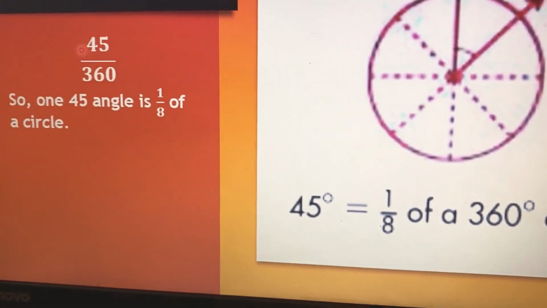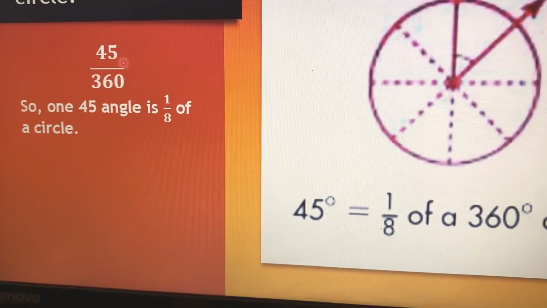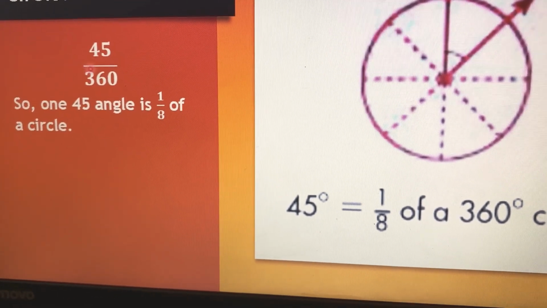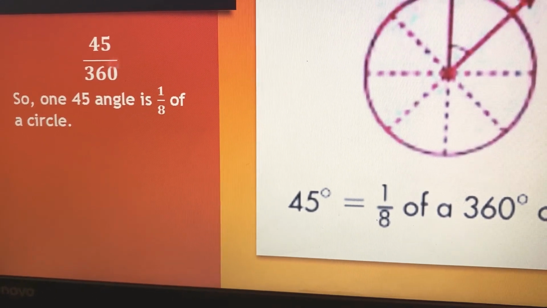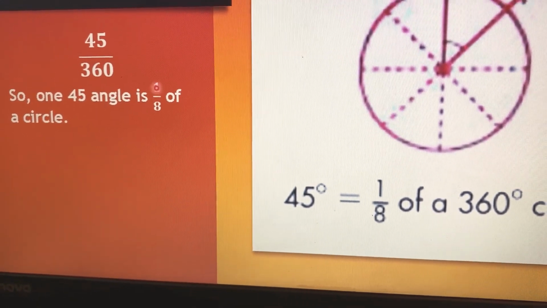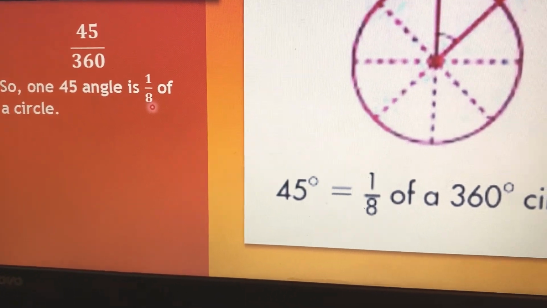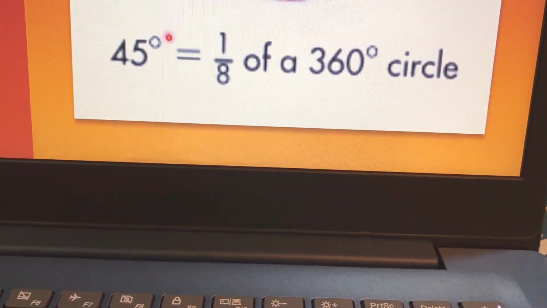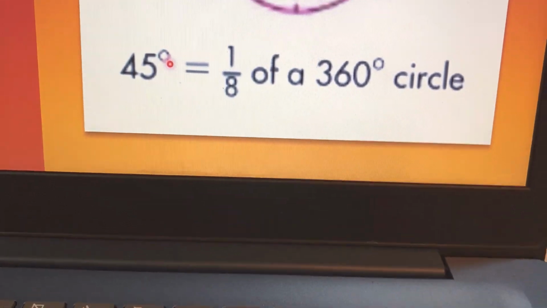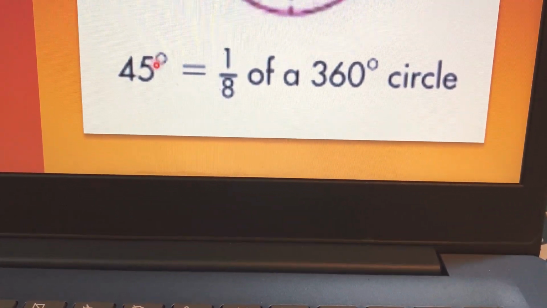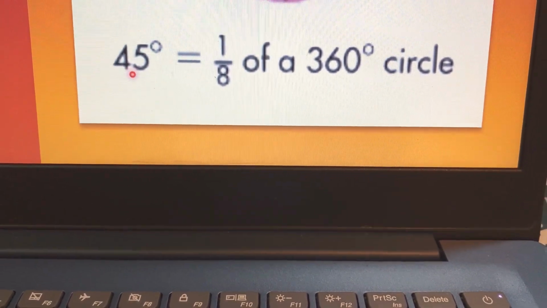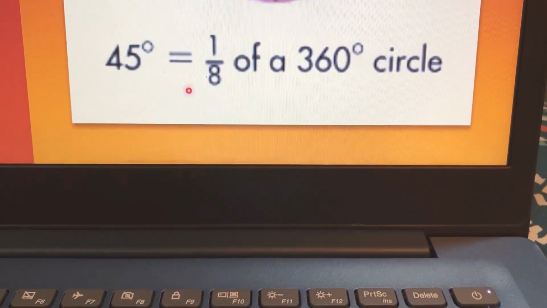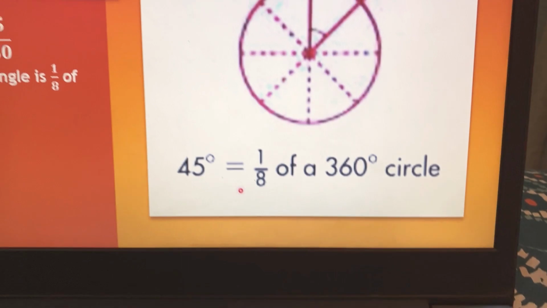Here they give us 45 and they want us to find the fraction. So 45 divided by 360 will equal 1/8. So if I already have the measure of an angle, I will divide it by 360 and I will get 1/8.